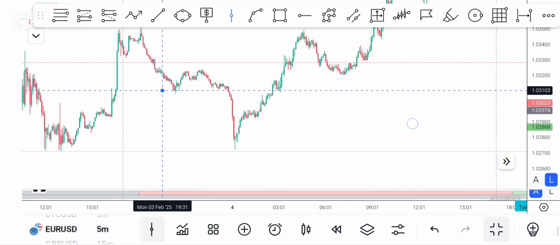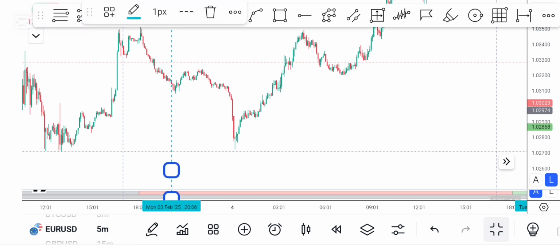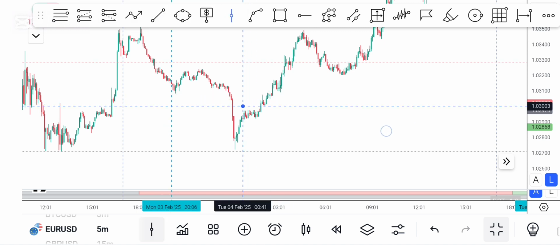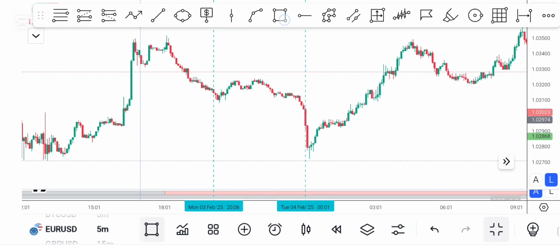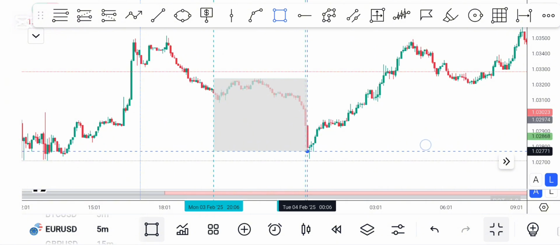Let's see if you can spot another one here, and this is going to be the last example, like so, and like so, midnight opening price, like so. Good. Let me take the high and the low that was formed. Good, like so.